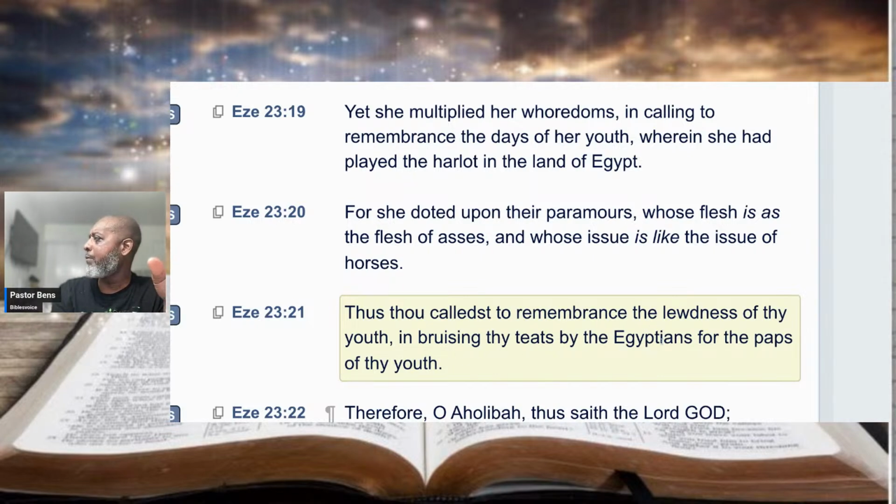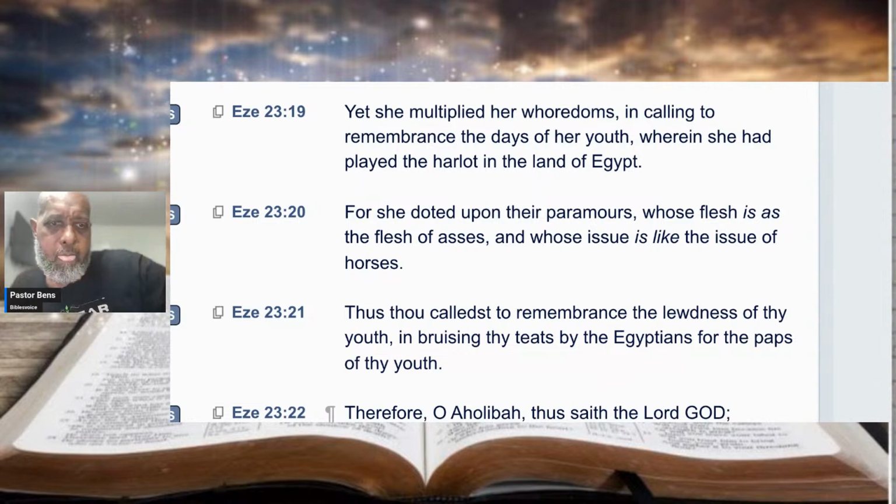Look at, they're going all the way back. For the paps of thy youth. My goodness. Guys, what we're talking about here is the way it originated. The origin of King Ahaz worshiping idol gods goes all the way back to our ancestors in Egypt.